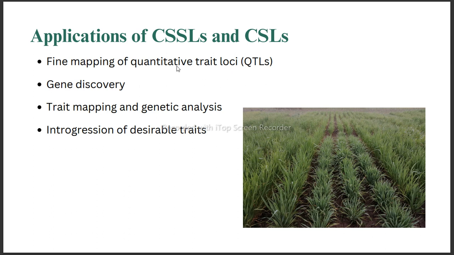We will be able to easily dissect it. Then after QTL development, we will be able to discover the genetic material or gene controlling a particular trait very easily. Then trait mapping and further genetic analysis will be possible.